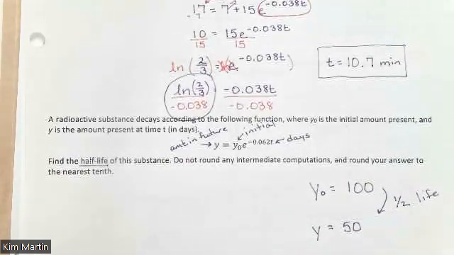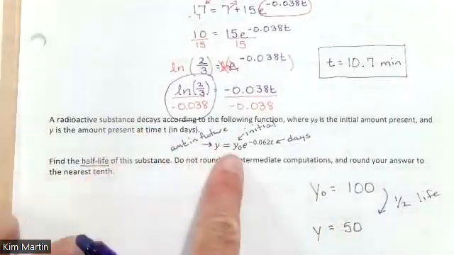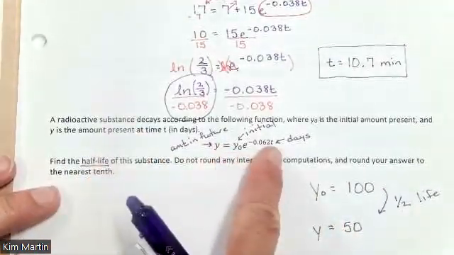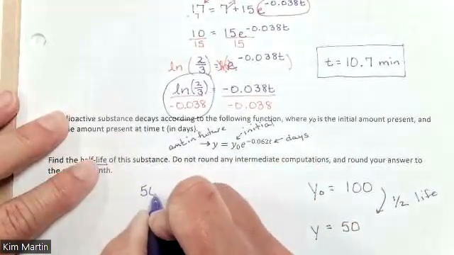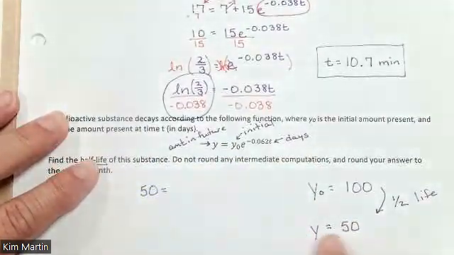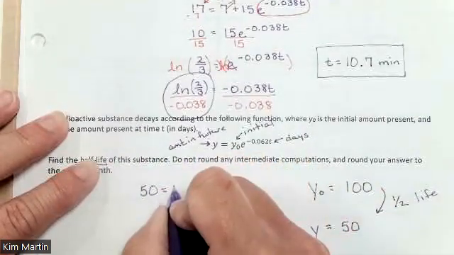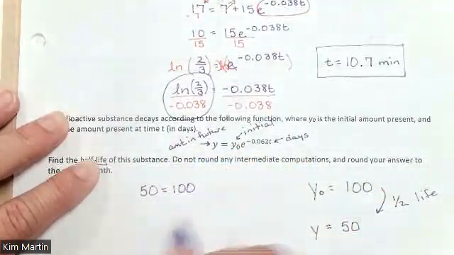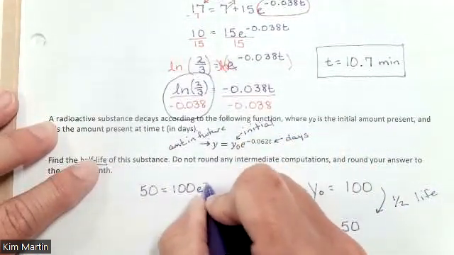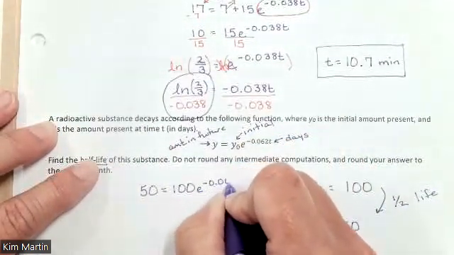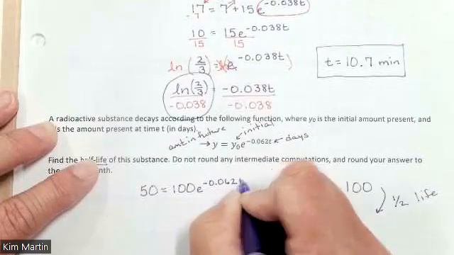Okay, all right, so now we know everything. We can take these numbers and plug it into this formula. We know everything but t, but watch what happens. Okay, I'm gonna put 50 here. You're gonna put whatever yours is. I'm gonna put 100 here because that was my initial. E to the negative 0.062 t.